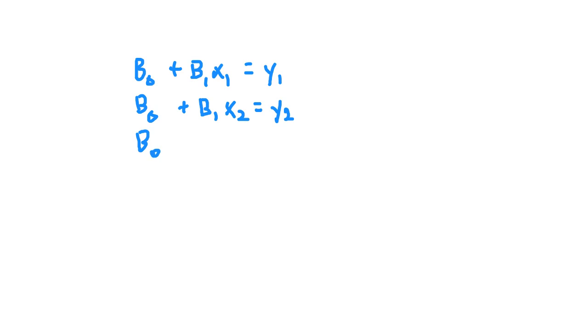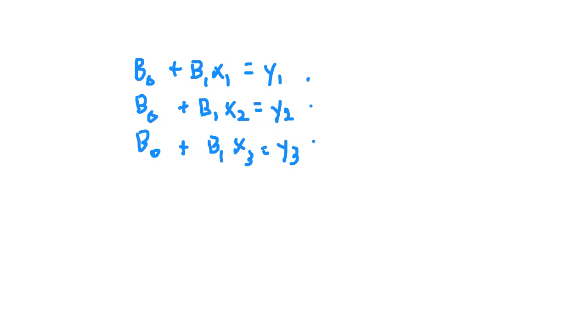Okay, beta naught plus beta 1 x1 equals y1. Beta naught plus beta 1 x2 equals y2. Let's do 3. And beta naught plus beta 1 x3 equals y3. This is a system of equations.